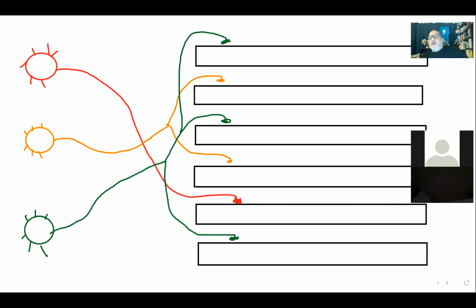So notice what's happening here. Each muscle cell gets one and only one neuromuscular junction. Basically, it gets input from only one somatic motor neuron.